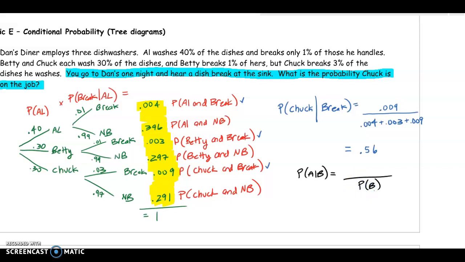The numerator is going to be that overlap of A and B. This right here is the and. So you'll notice that the 0.009 that we have on top is the and. The nice thing about the tree diagram is it kind of sets us up without having to use the formulas. So hopefully this helps for the Dan's Diner problem. And I will see if I can make another one for the other one in your notes. So stay tuned.